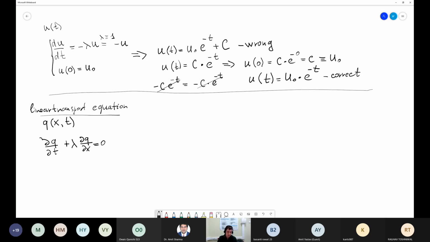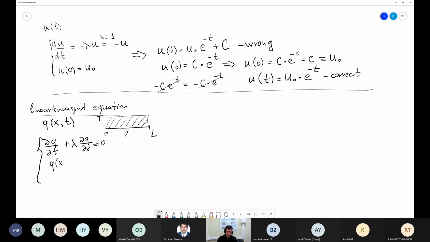To pose the problem, we have to add the initial condition. Let's deal with the domain from 0 till capital L, and time from 0 till capital T. So we want to solve the problem inside this rectangle.